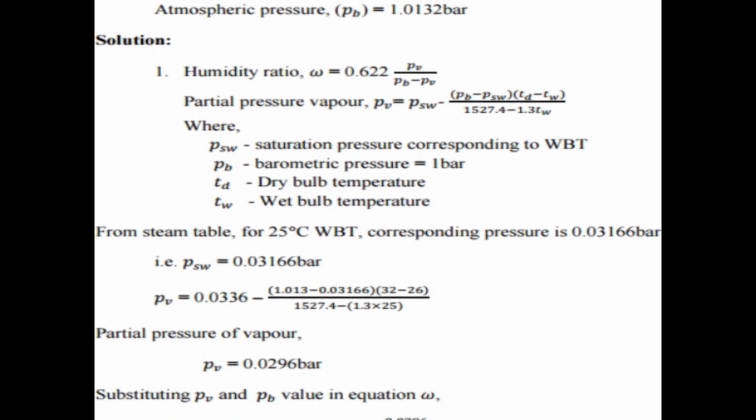After simplification, the partial pressure of the vapor is PV equal to 0.0296 bar.